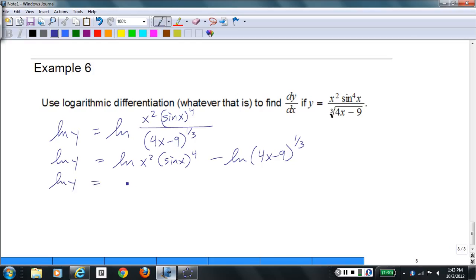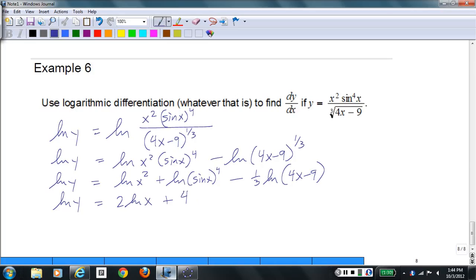So natural log of y equals natural log of x squared plus natural log of sine of x to the fourth minus, and with this logarithm there is not much more we can do except take that 1/3 out in front. So 1/3 times the natural log of the quantity 4x minus 9. And then the 2 can come out in front, the 4 can come out in front. So natural log of y equals 2 natural log of x plus 4 natural log of sine x minus 1/3 natural log of 4x minus 9.